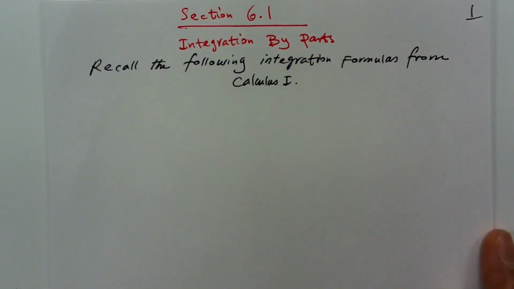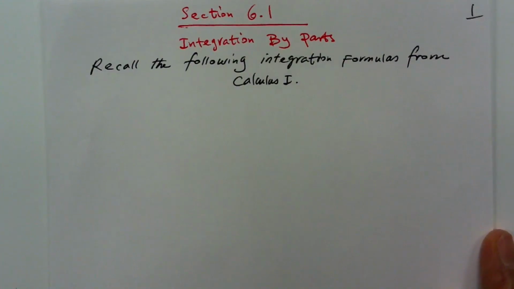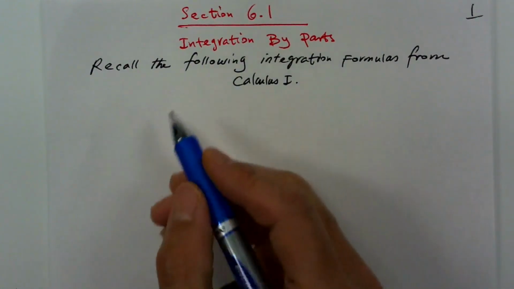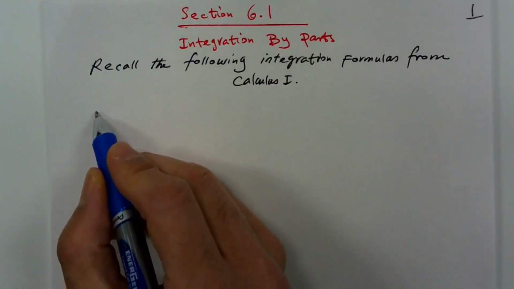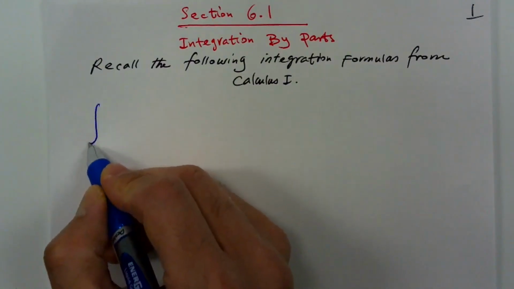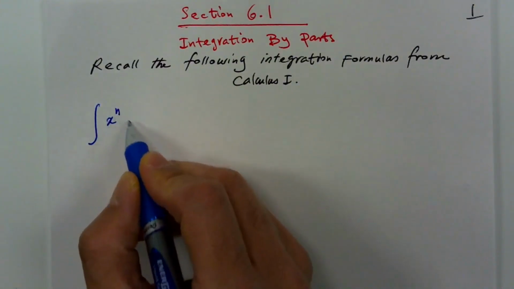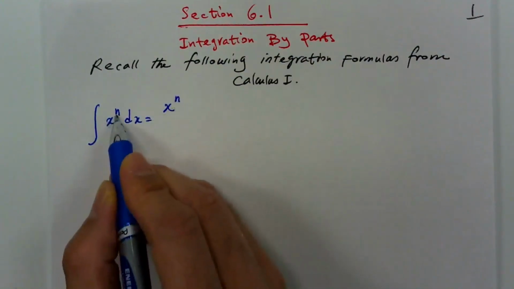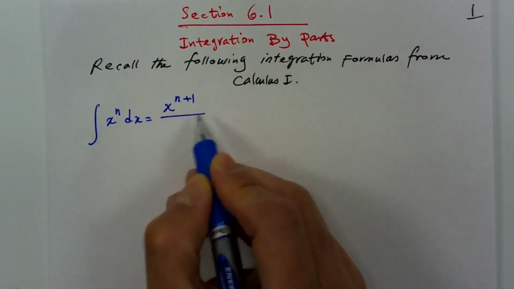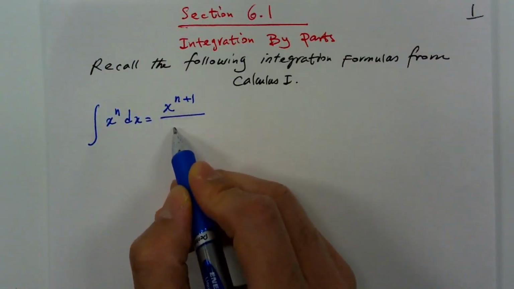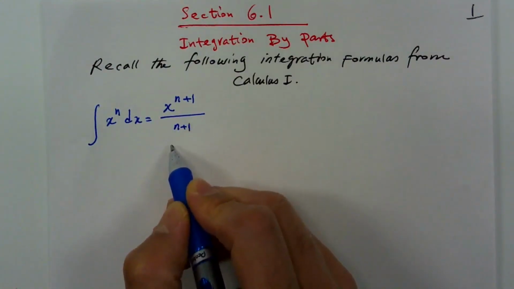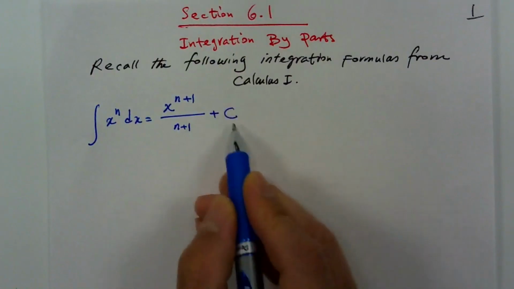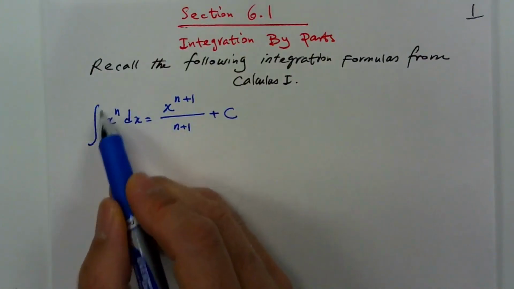And these are also mentioned in your textbook at the beginning of the section. The first one, and I'm sure you're very familiar with this one, is the integral of x to the n dx is equal to x to the n plus 1, increase the power by 1, divide this whole expression by the new power, n plus 1, plus c, of course, because this is an indefinite integral.